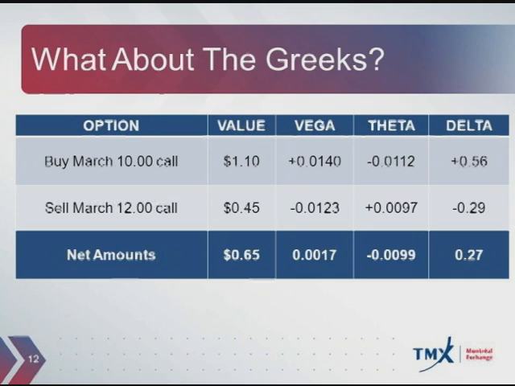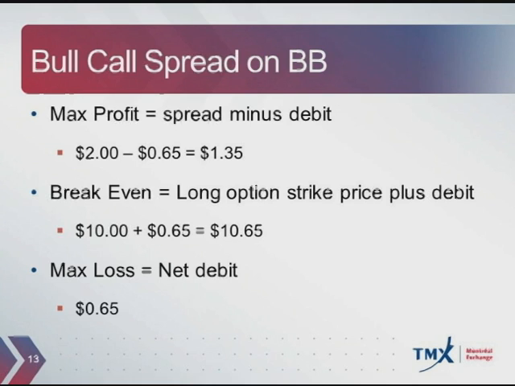Now, that's not to say you can't make a very attractive rate of return by closing the position prior to expiration, but it's important to manage your expectations: as the market is moving in your favor, you're not going to get that full appreciation until expiration. So how do we calculate our max profit? It's simply the spread minus the debit.